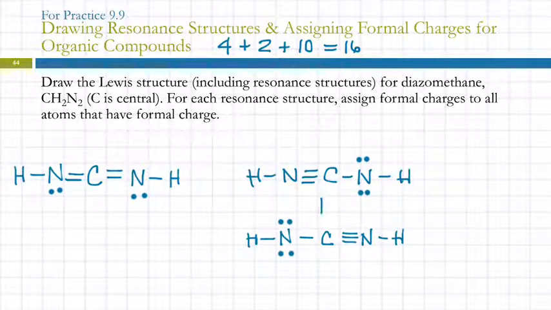So we should draw double-headed arrows between them. And we're supposed to assign formal charges. Hydrogens are always 0. They got 1 bond, they're 0. Good. Let's look at this guy over here. This carbon has how many bonds in the structure? 4.